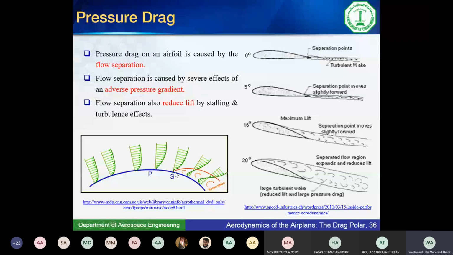At some point, it will not be able to stick to the surface and it will just separate. The layer adjacent here will have to move up because of the lot of resistance that we're having from the circulating air in the back. This generates what we call pressure drag. So pressure drag is generated by the wake of the wing at the back.